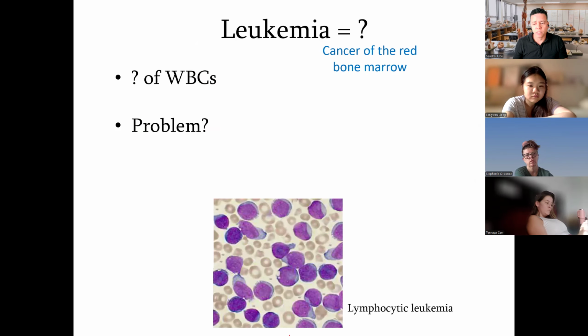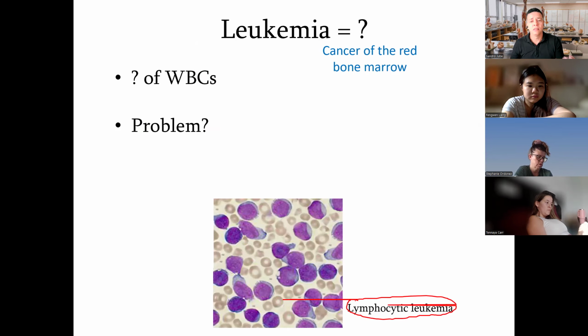If you have, for example, lymphocytic leukemia, like what we're looking at here on the screen, lymphocytic leukemia is leukemia of what kind of cells, guys? The lymphocytes. The lymphocytes are defective. Now, in leukemia, we're going to have a massive increase of white blood cells.